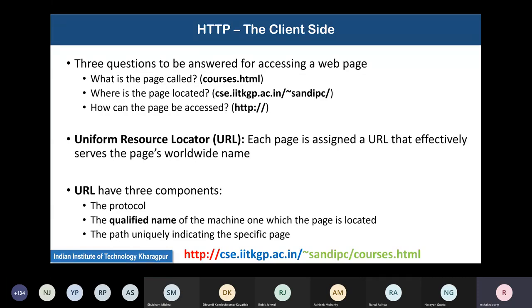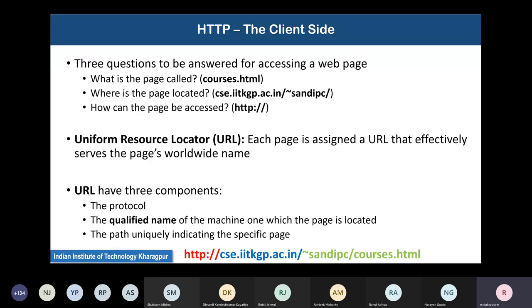Suppose there is a web page called CSC. There is a server called csc.itkgp.ac.in. Under that, there is a directory called tilde Sandeep C, corresponding to faculty, or every faculty has a folder under this server. So tilde Sandeep C is the home directory of the faculty Professor Sandeep Chakraborty. Under that folder, there is a page called courses.html.